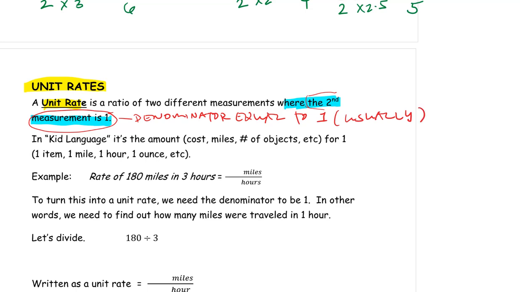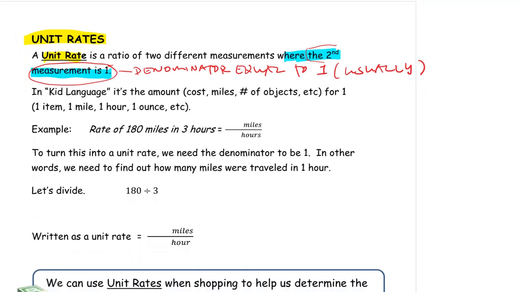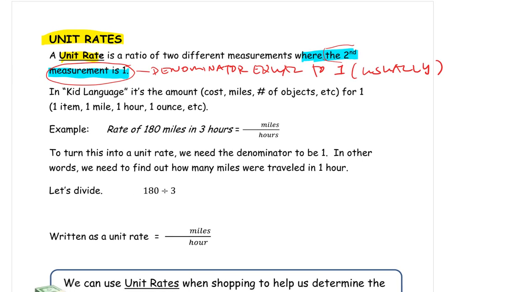The denominator, if we are trying to write it in a fraction form, and again in our case, so that it can be operated much easier, we try to write them in fraction form, our ratio. So let's take some examples here, but before we do that, well, in a simple language, its amount, cost, miles, number of objects, etc. for 1 item, 1 mile, 1 hour, or 1 ounce.